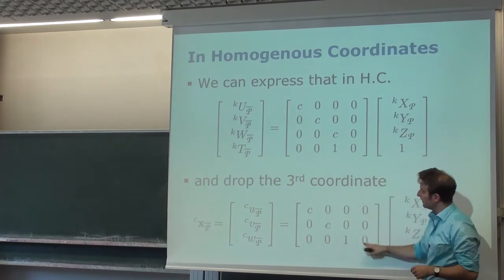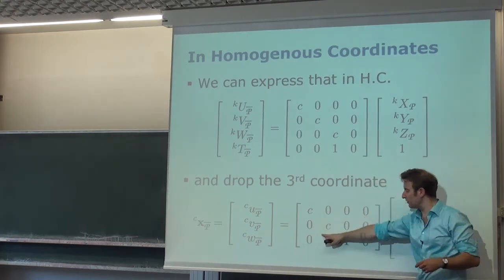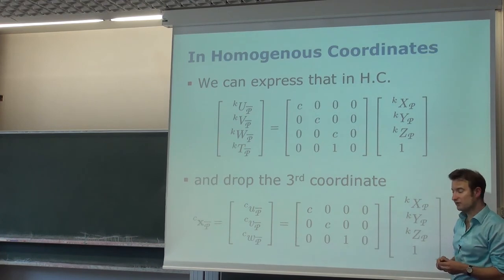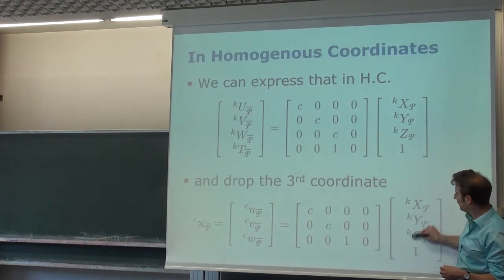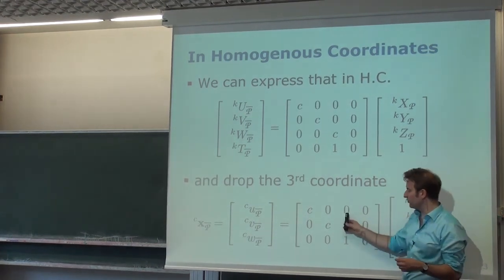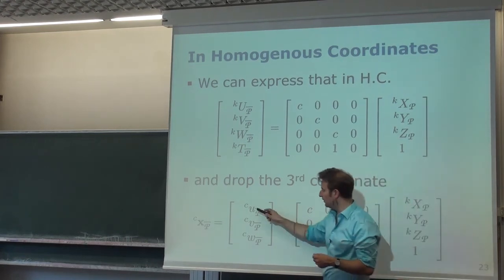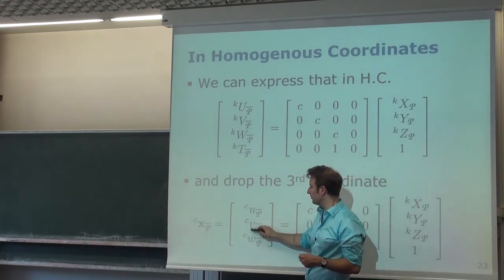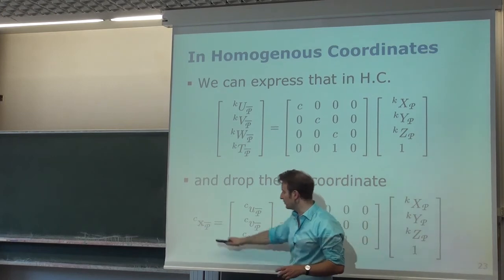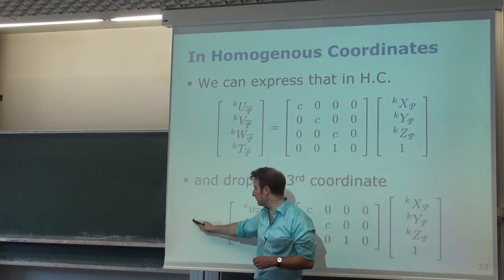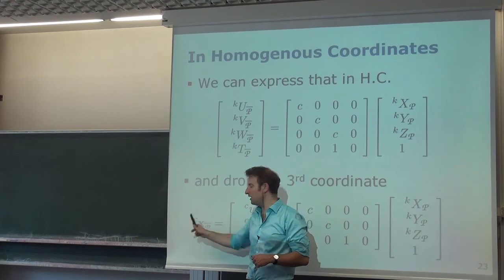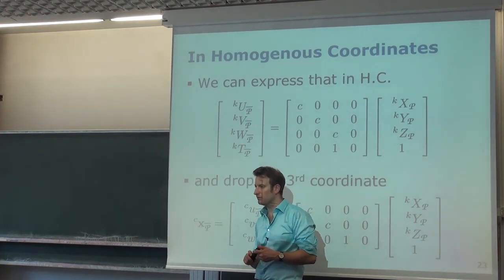And then I obtain this matrix, which is the same matrix as this one, but just the third line is actually missing. So then we have our 4 coordinate vector over here, which is projected to the 2D world. So then I get 3 components here in homogeneous coordinates, which define the projected point in homogeneous coordinates in my camera coordinate system.